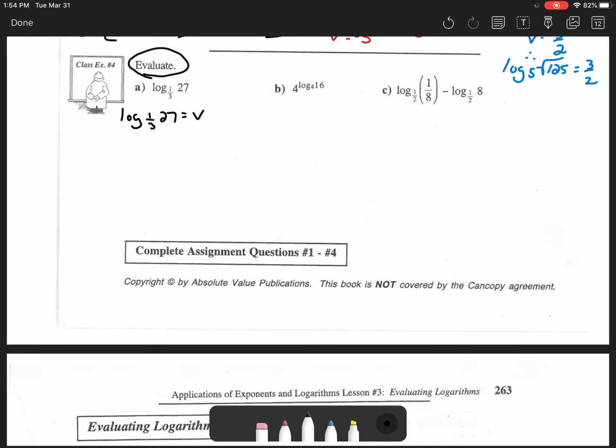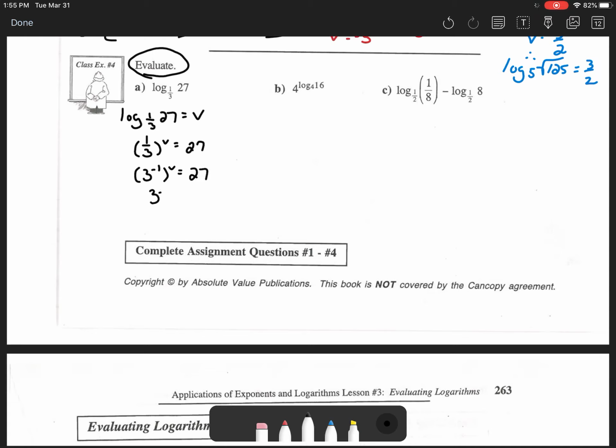So I now convert this into exponential form, so 1 over 3 to the exponent of v will equal 27. So I'm going to take the 1 over 3 on the left-hand side, and I know 1 over 3 is actually 3 to the exponent of negative 1. Okay, so I replace 1/3 with 3 to the negative 1. It's still raised to the exponent of v.